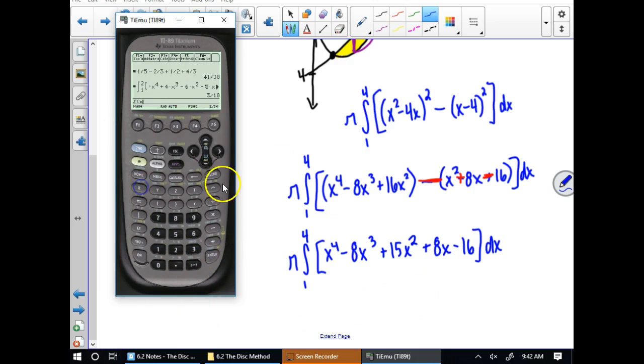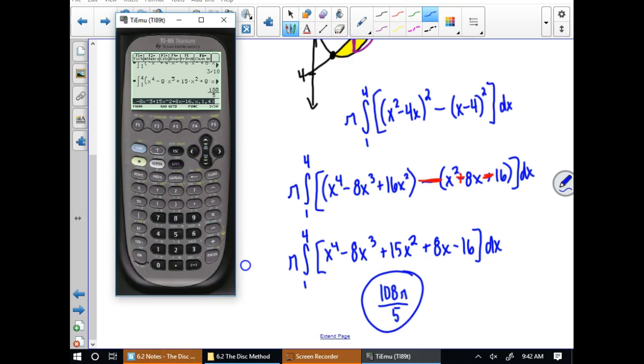So we'll have x to the fourth minus 8x to the third plus 15x squared plus 8x minus 16, dx, from 1 to 4. And so we get 1/8 over 5, and we'll have the pi. There we go. So 1/8 pi over 5.